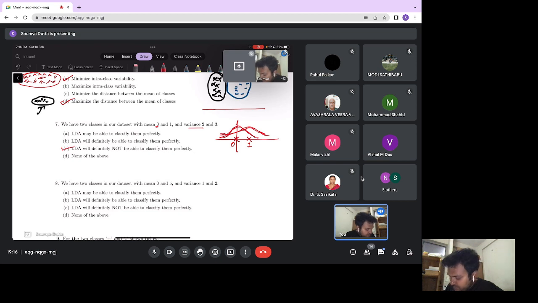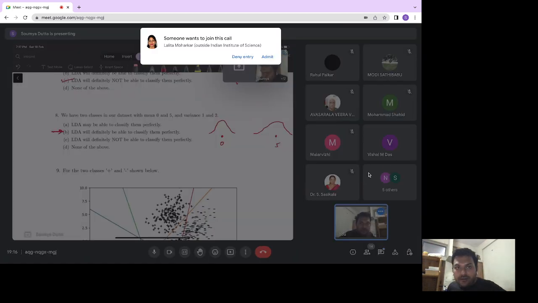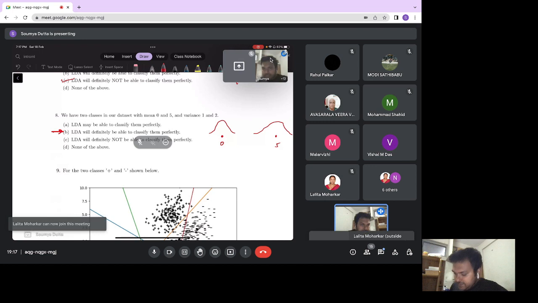The next option is a bit tricky, in the sense that now we have a mean of 0 and 5. So the mean is, let's say, 0 here and 5 here, and the variance is coming out to be 1 in one case and 2 in the other. You might be tempted to answer that LDA will definitely be able to classify them perfectly, because in the last case you saw that LDA will definitely not be able to.